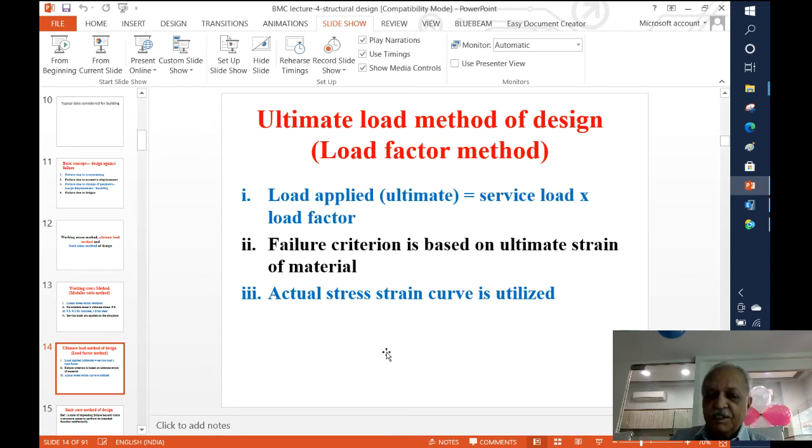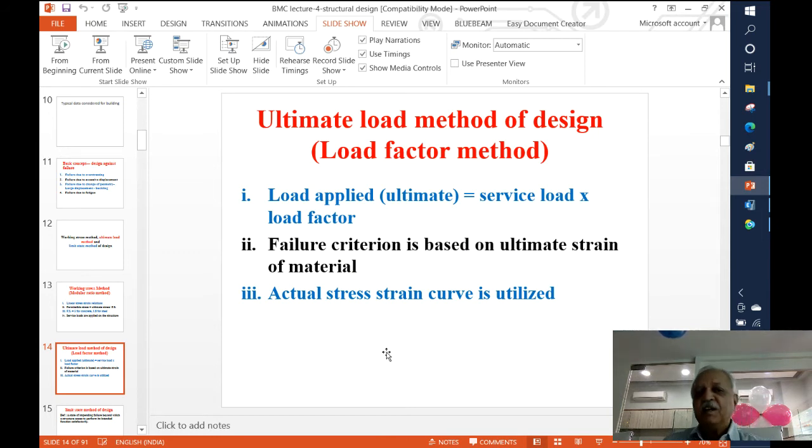So the ultimate load that the structure is expected to carry, beyond which it is definitely going to fail, is the service load multiplied by 1.5, 1.8, whatever load factor you are applying.